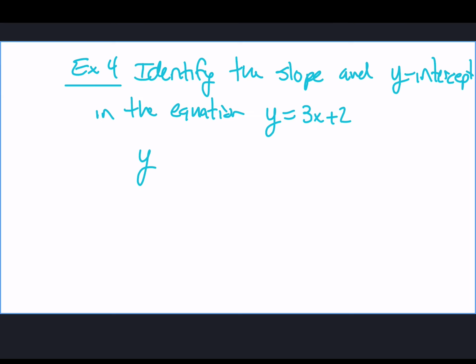So remember that slope-intercept form is y equals mx plus b. Leave an arrow there. That's slope-intercept form.